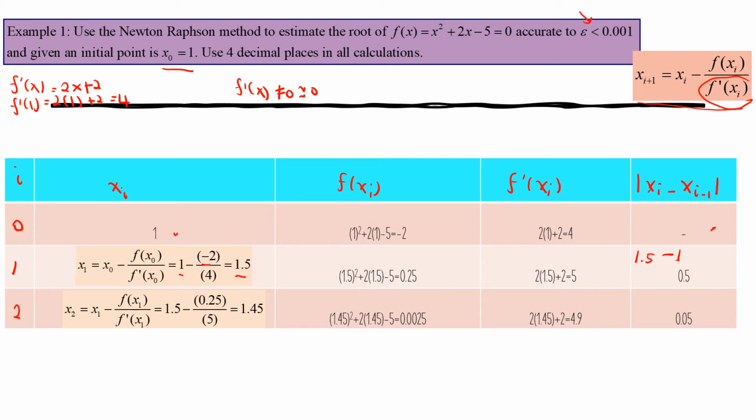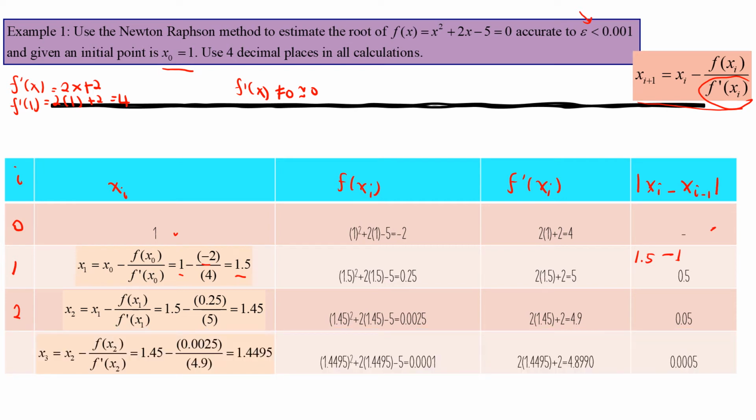Then you substitute in f(x_i) and f prime of x_i. For the error, you get 0.05, okay, still not less than 0.001.